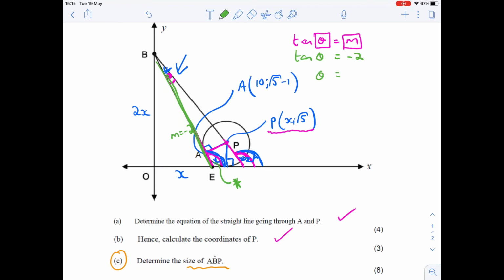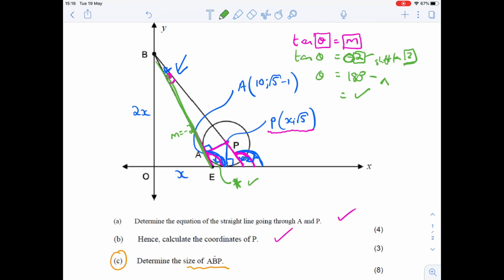And remember, because it's an obtuse angle bigger than 90, it's going to be 180 minus. And remember, to find the acute angle, all these little reminders here, we've got to go shift tan 2 on our calculator. Not shift tan minus 2, shift tan 2. The minus just indicates that it's in the second quadrant. So it's 180 minus, and we work that angle out, and I've got my first little angle.